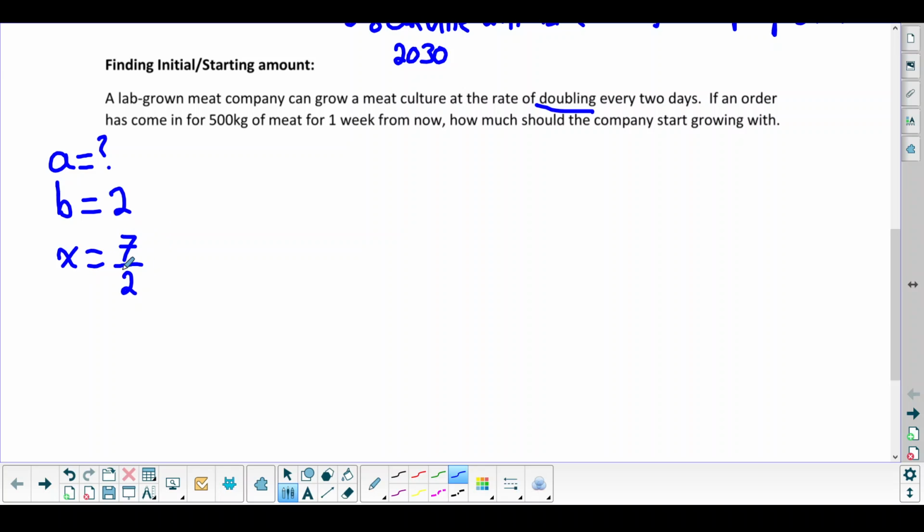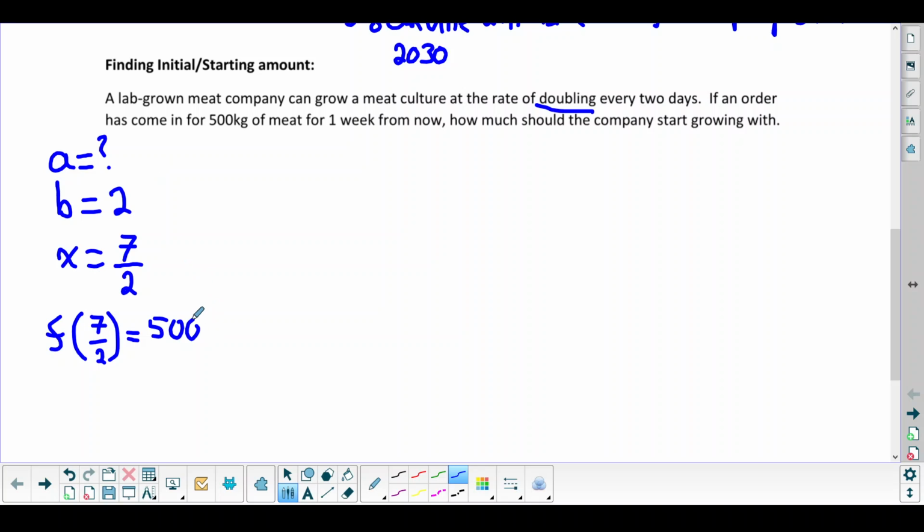So it's 7 total amount of time, 2 days per double. That's from that equation we looked at earlier today. And lastly, we know what the amount needs to be at that time period. So we know f at 7/2 is equal to 500. And we want to know what the a value is.